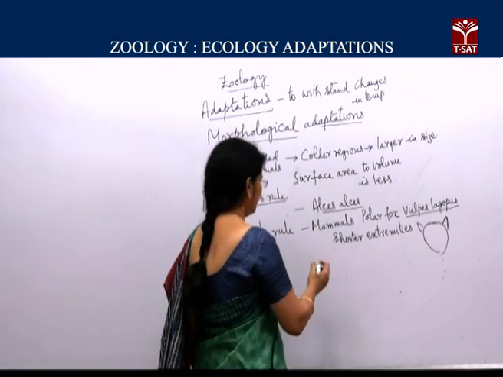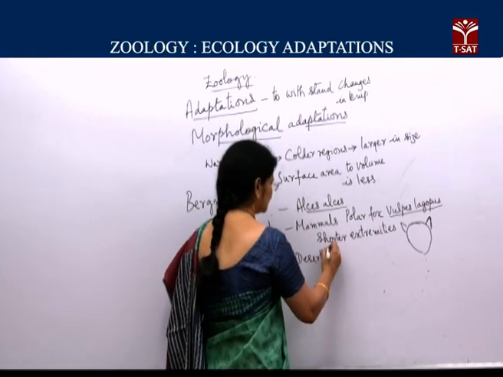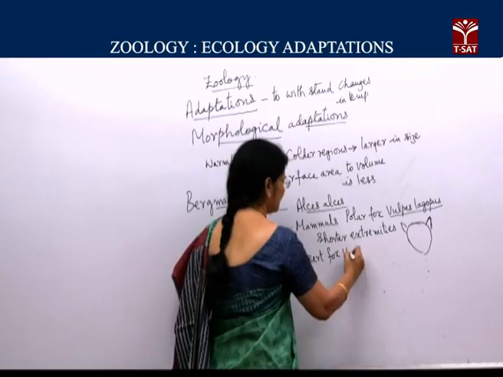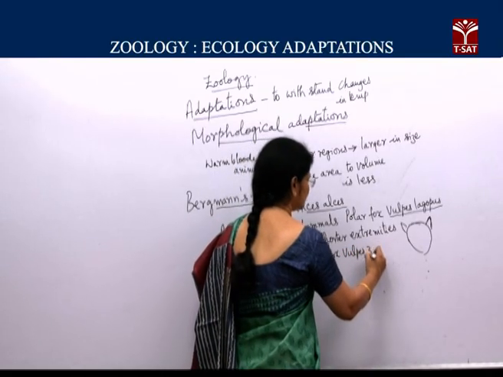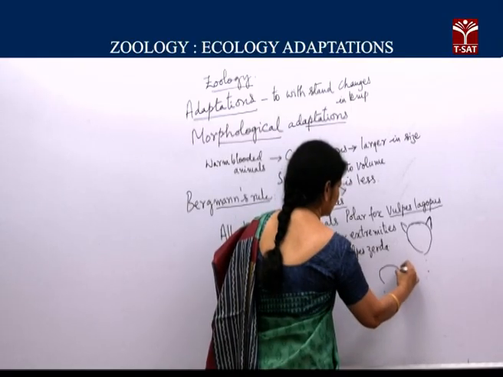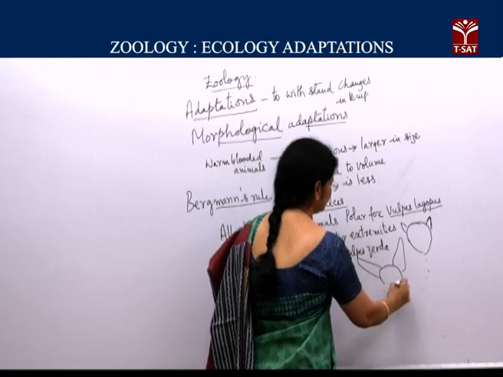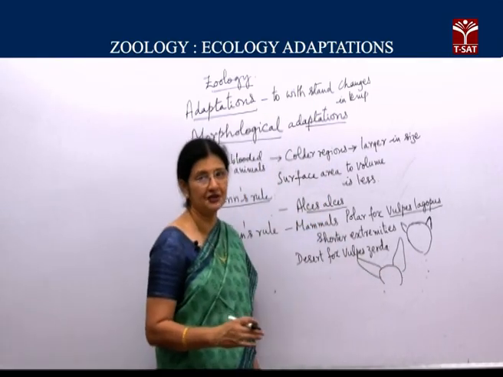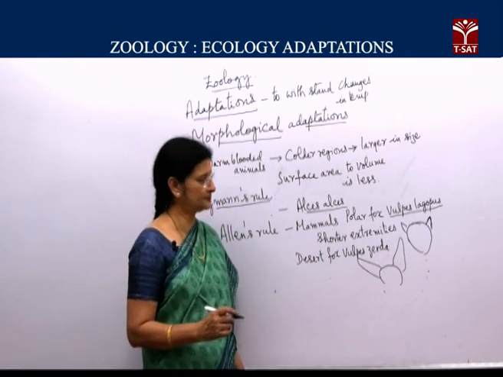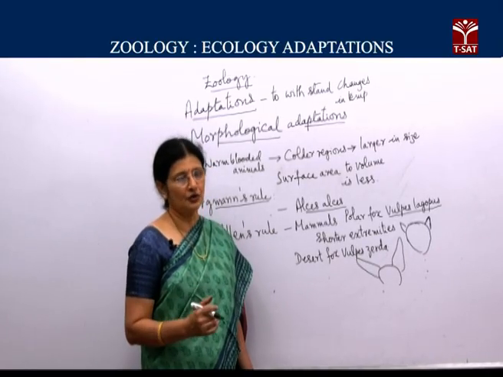But if you see a desert fox, the ears would be larger. As the size of the ears is larger, surface area would be larger, and then heat loss would be more.